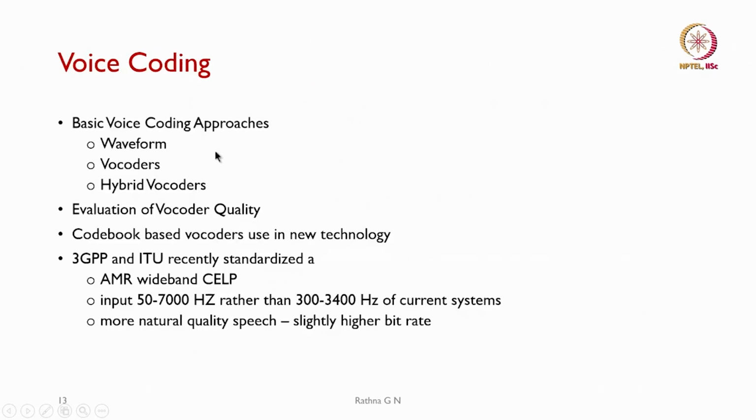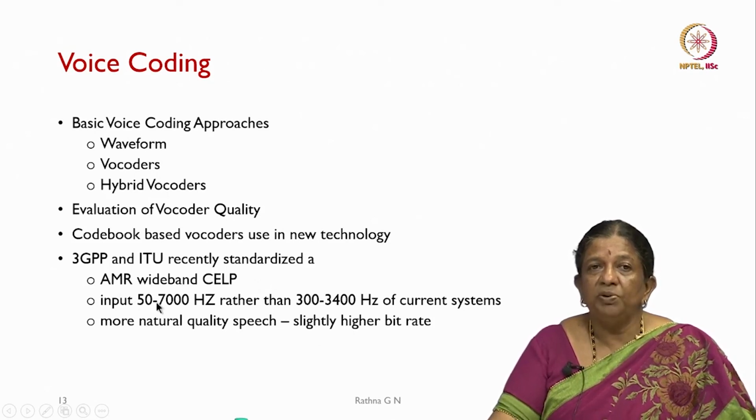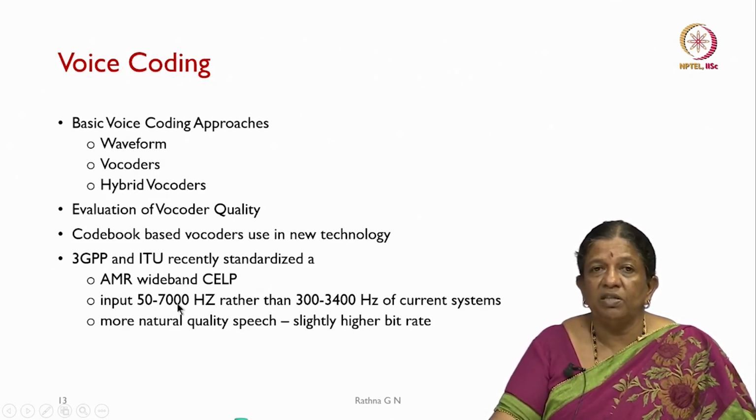The next topic is voice coding, the basic voice coding approaches. As we have seen, it can be waveform coders, vocoders, or hybrid vocoders. How are we going to evaluate vocoder quality? Codebook-based vocoders are used in new technology, and 3GPP and then ITU recently standardized AMR wideband, where the input is 50 hertz to 7000 hertz.